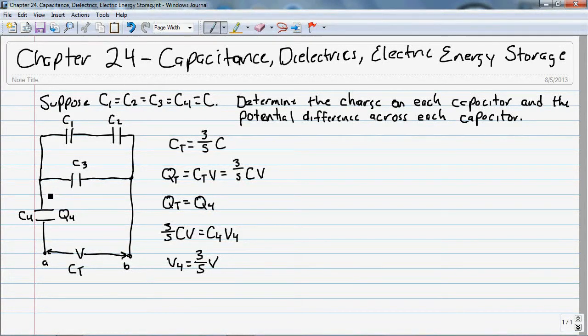Now I have to figure out how much potential is going to be across C1, C2, and C3. Well, I know that V3, we'll put here Q3 just so we're clear, is going to have to equal V4.